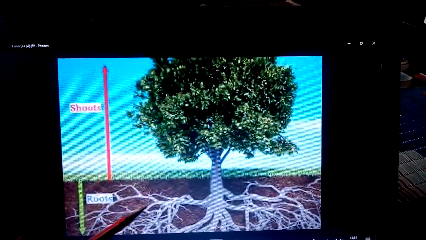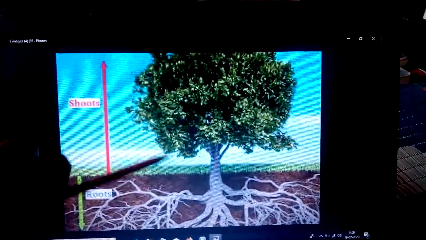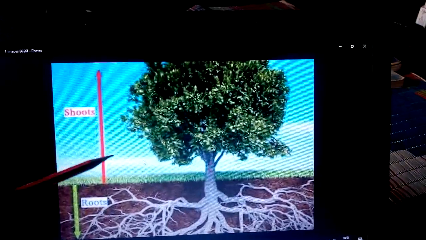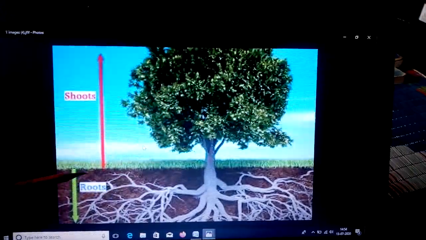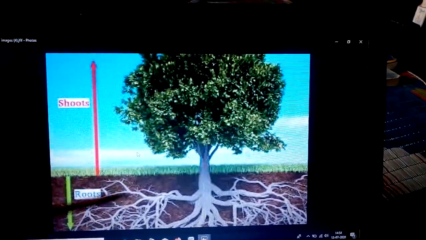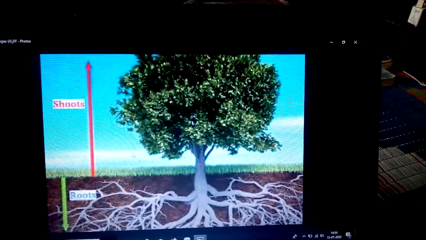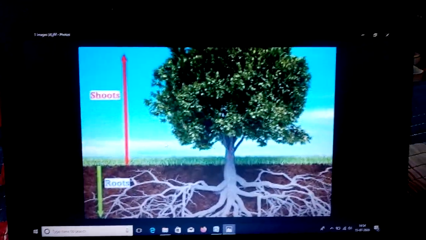The roots below the soil are the root system, and the above part is known as the shoot system. This is the layer of the soil; below the soil is the root system, and above the soil is known as the shoot system. Okay, then we go to the next picture.